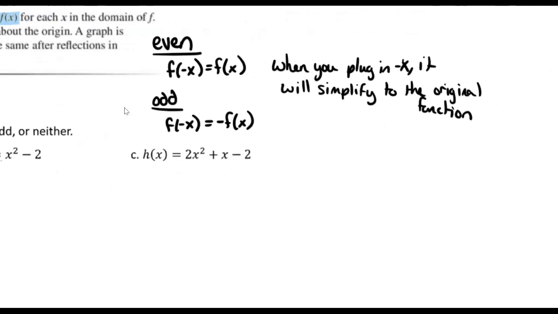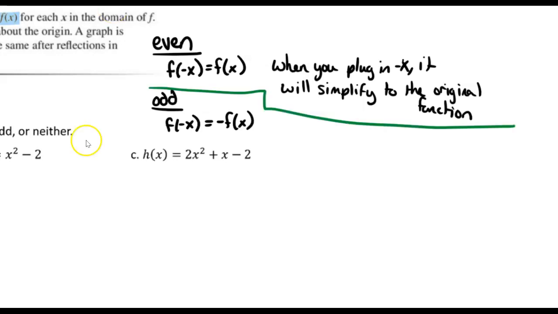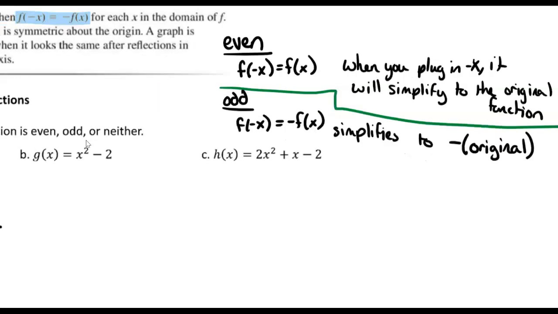Now, if it is odd, I'm going to go ahead and draw a little line between us. All right, so if it's odd, when you plug in negative x, it simplifies to negative of the original. So whatever the original was with a negative in front of it.